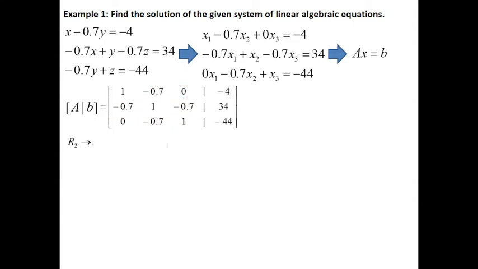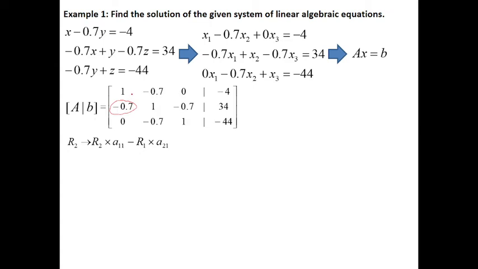So to do that, this is the process. Since our goal is to convert negative 0.7 to 0, this will now be our reference element.